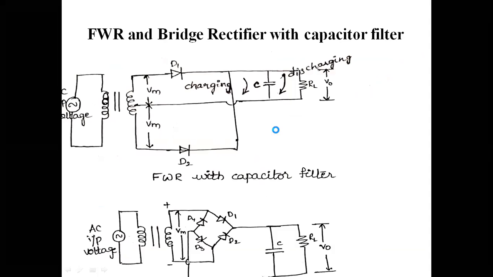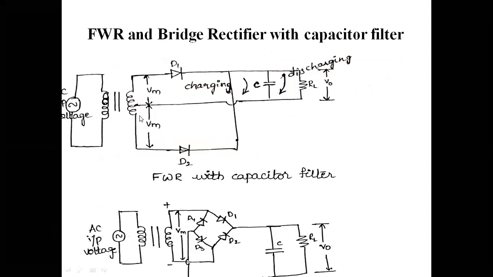In yesterday's class, we have seen this construction of a half wave rectifier with capacitor filter. The same construction, but we are placing one capacitor here across the load resistance RL. In the similar fashion, the cut-in point and cut-out point will take place in the output waveform.